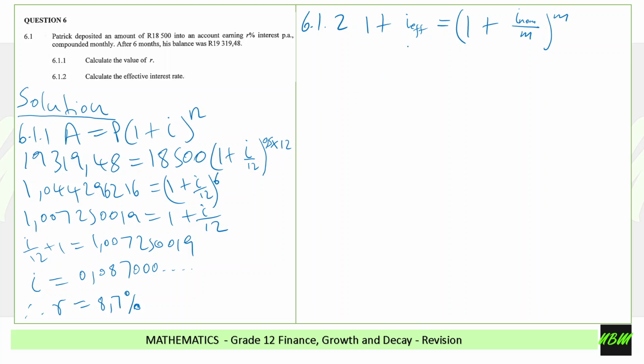So now let's substitute and solve for i effective and subsequently calculate the effective interest rate.